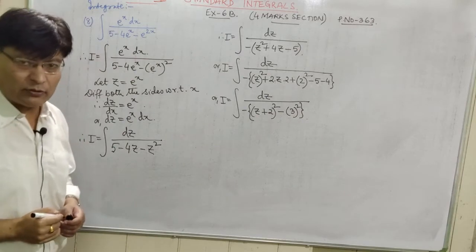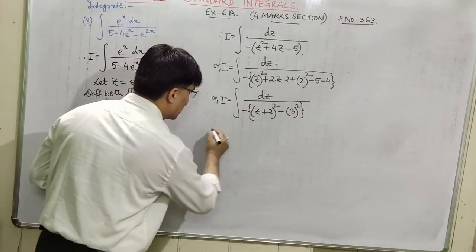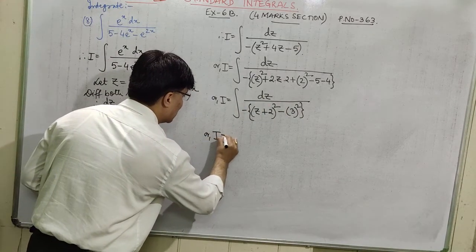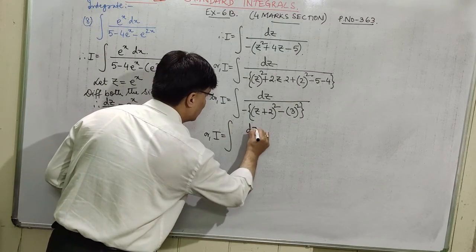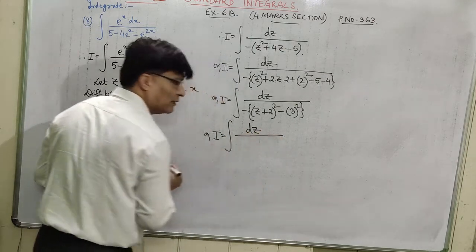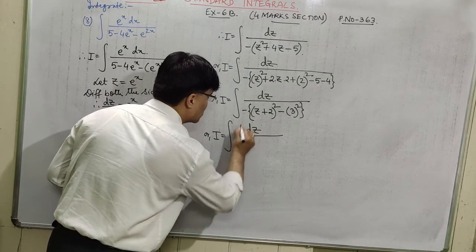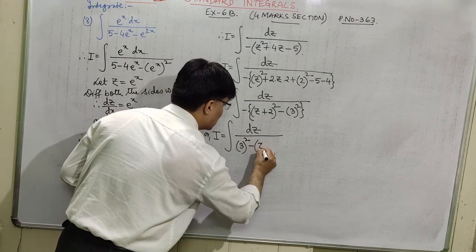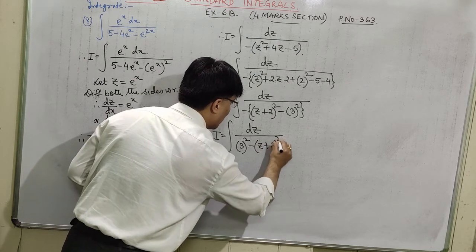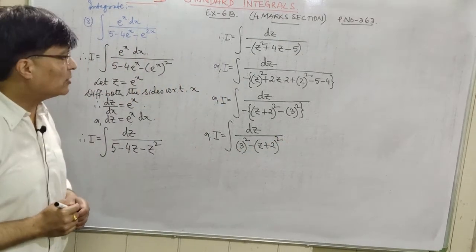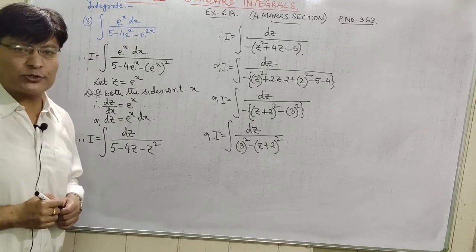Is it clear now? So let us multiply by the minus sign here. Or I is equal to integration of dz divided by minus into minus plus 3 whole square minus z plus 2 whole square. Is that clear to all of you? So I think you have understood it.